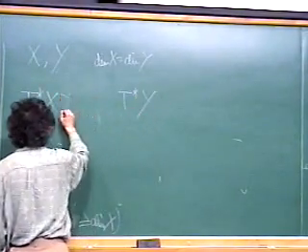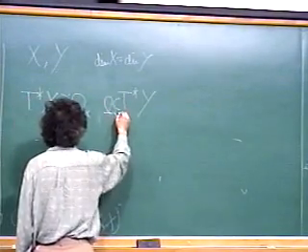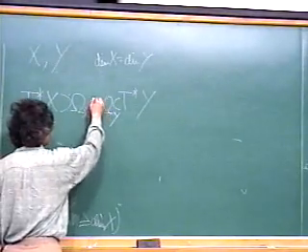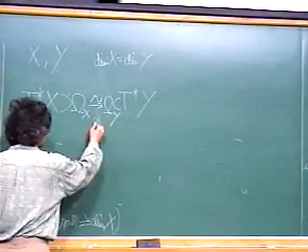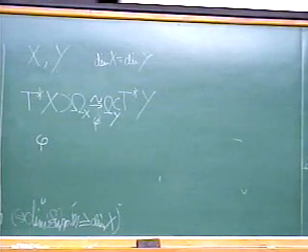Assume that you have some open set in each cotangent bundle, and you have an isomorphism that is symplectic. Say phi. In fact, we assume more.